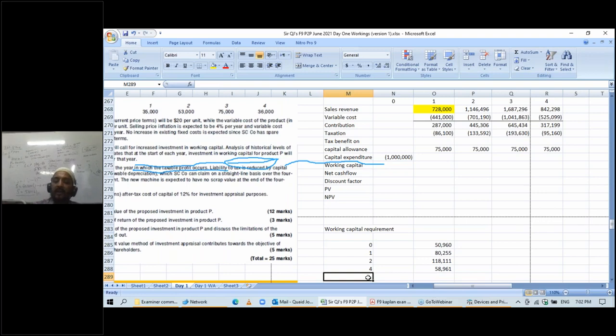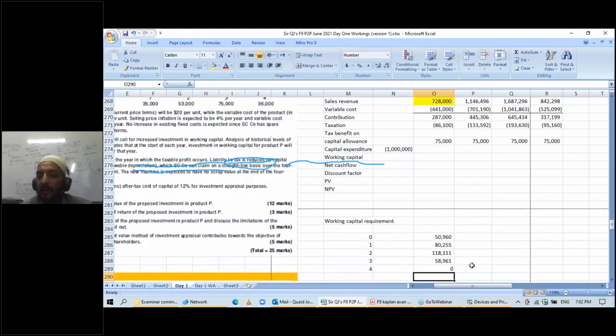And then at the end of fourth year, the project will be over, which means the 48 months time. So at this time, the working capital requirement will become 0 because all of the products would have been sold and all of the receivables would have been converted into cash.